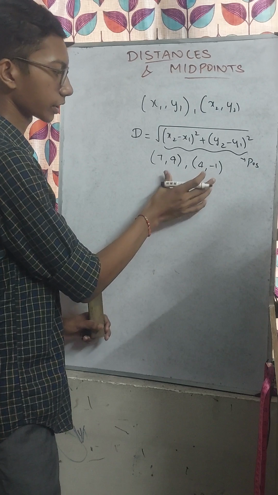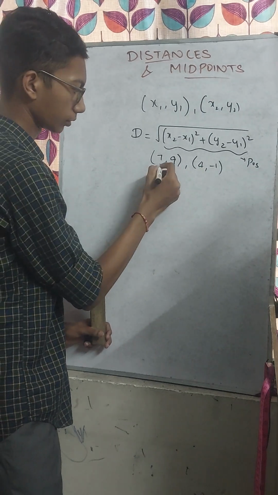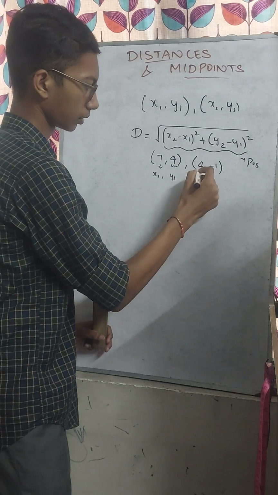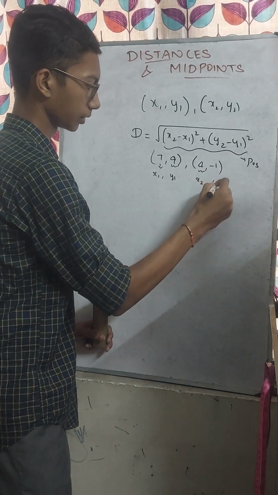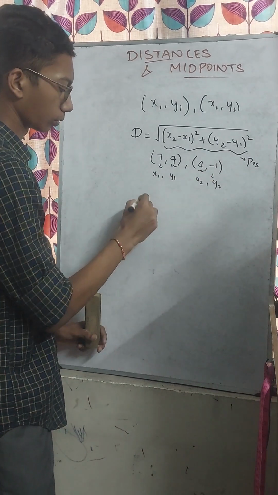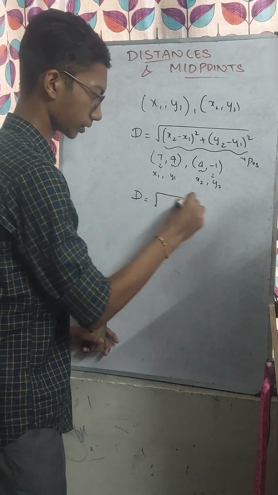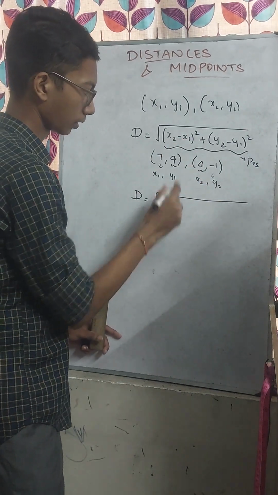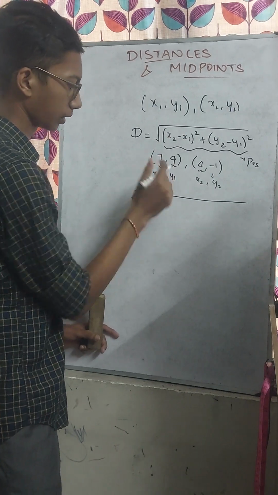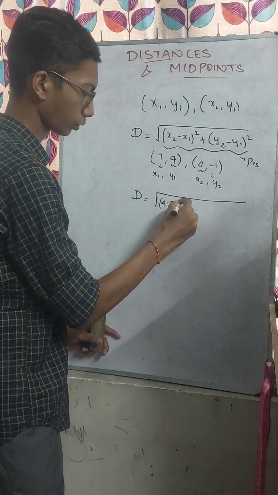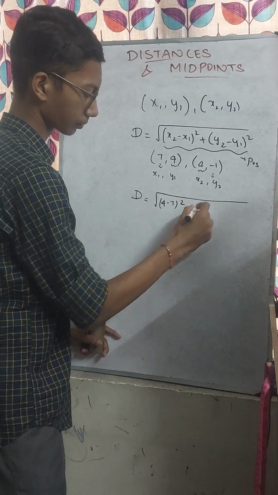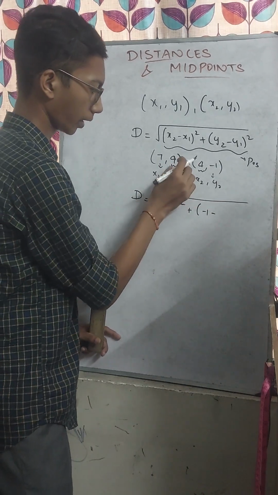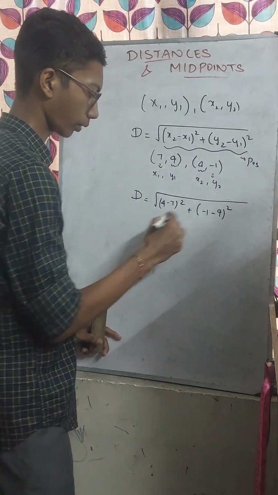Now let's find the distance between these 2 points. This is x1, this is y1, this is x2 and this is y2. Applying the formula, x2 we have 4 minus x1 which is 7 the whole square, plus y2 which is minus 1 minus y1 which is 9 the whole square.